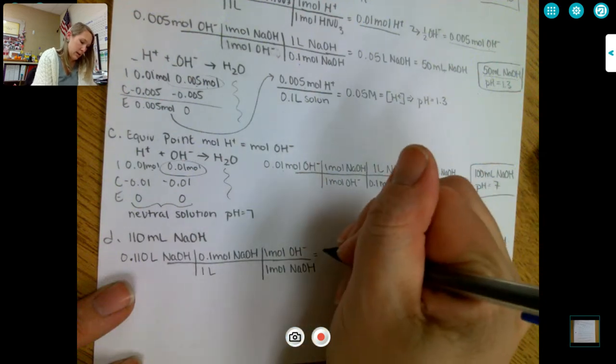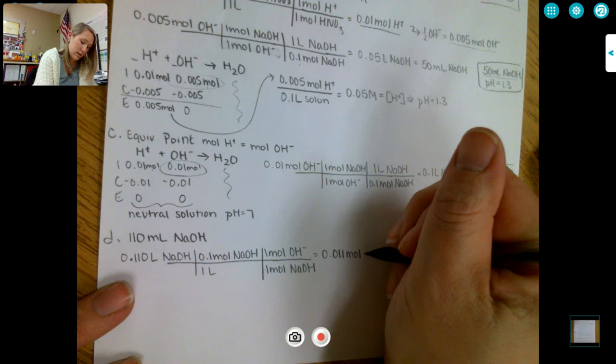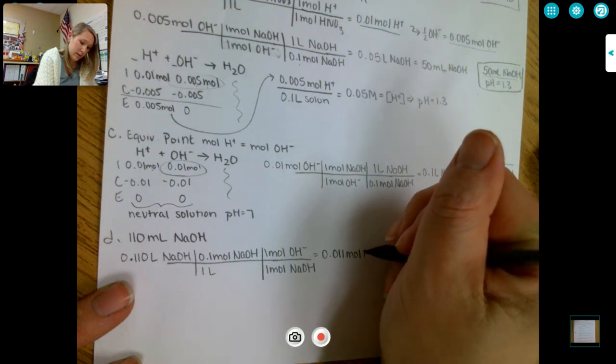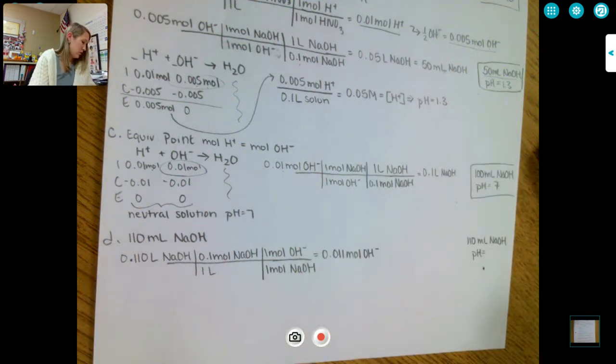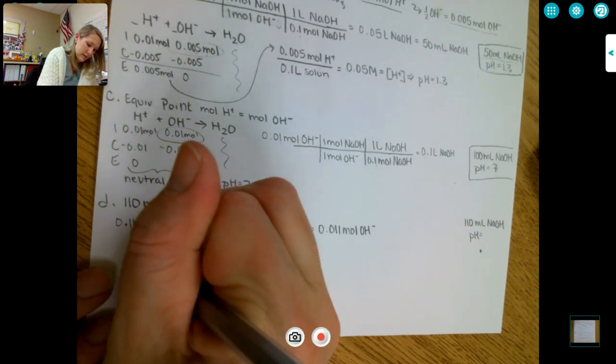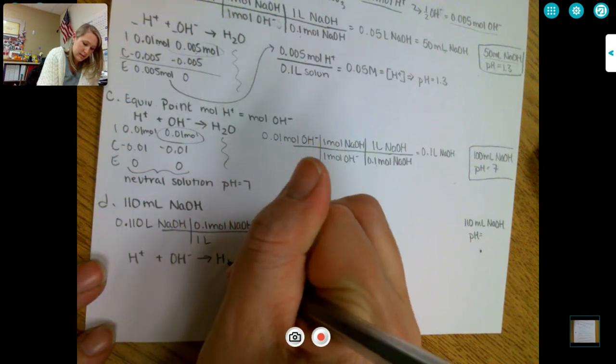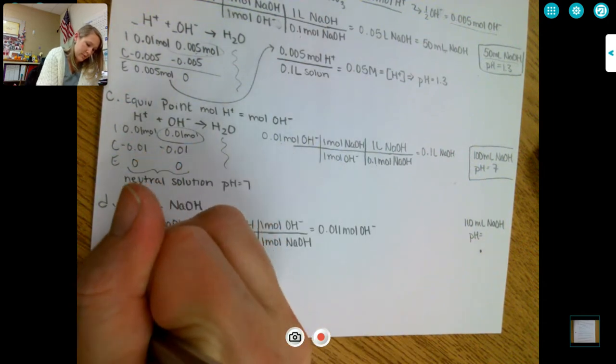When I do that, I get 0.011 moles of OH. So in my reaction, I still have hydrogen ions reacting with hydroxide ions, making water.